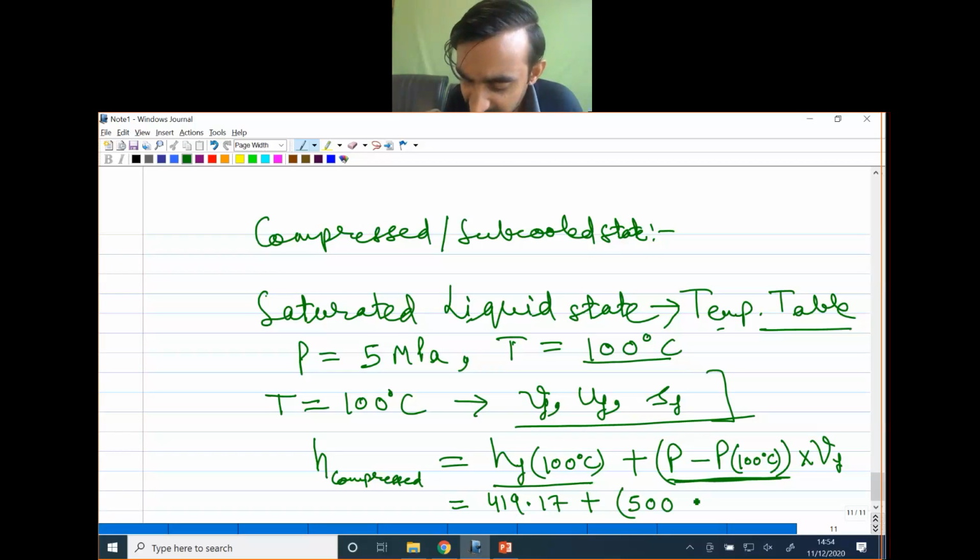So 5 megapascal in terms of kilopascal I can write as 5,000, minus the pressure corresponding to 100 degrees Celsius, which is 101.42, multiplied by vf. If I do this calculation, I'll be able to determine the value of enthalpy corresponding to my compressed state.